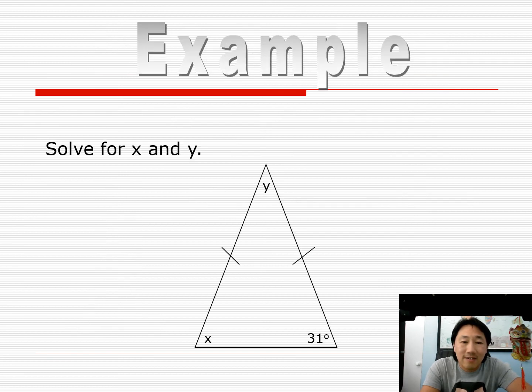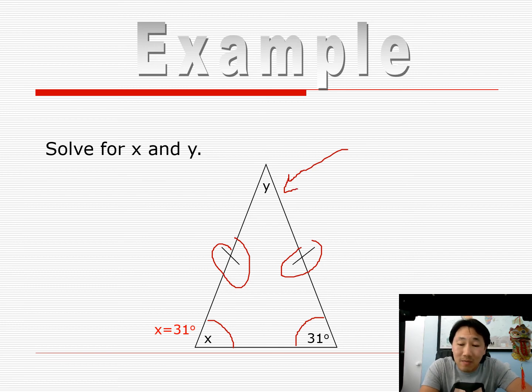All right, so let's do a few examples using that theorem. Here we have the same picture. The two sides are the same, which means these two angles are the same. So x is 31. Then how do you find y? Using another theorem, the triangle sum theorem, all angles inside a triangle must add up to 180.